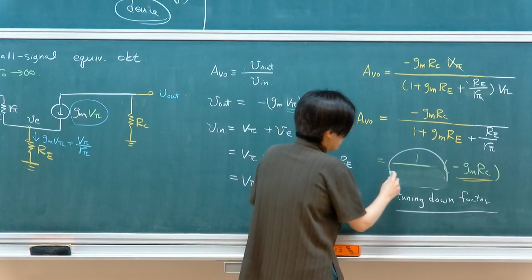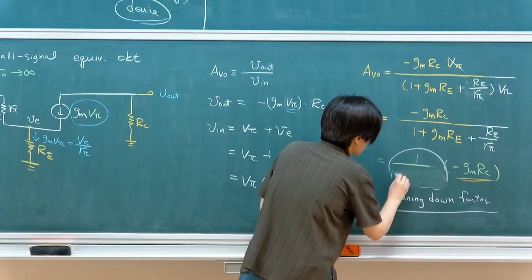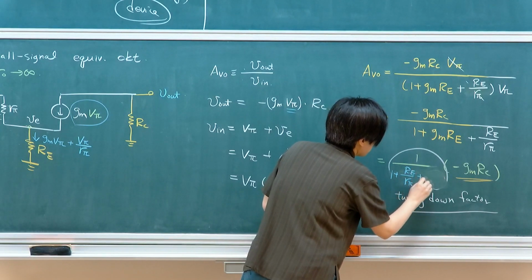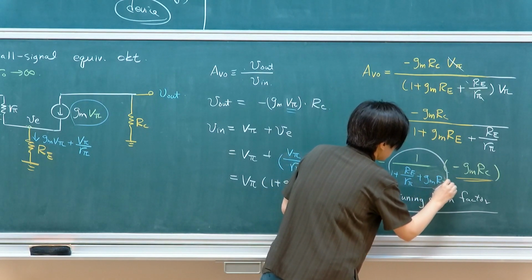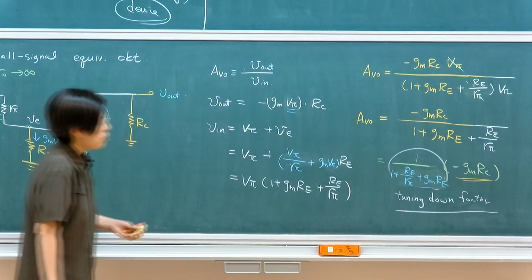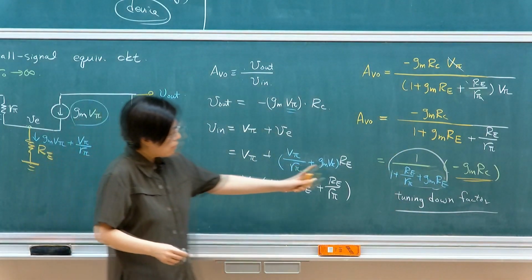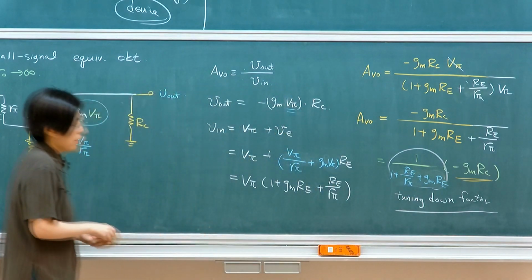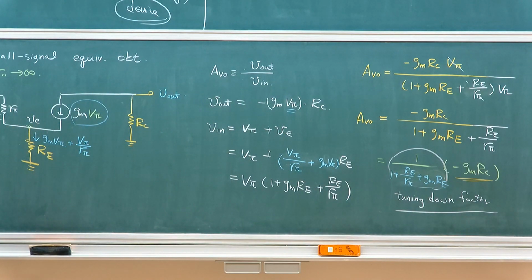So you then have an attenuation factor of mostly R pi RE plus gm. But in most cases, this is typically much smaller. Therefore, you see gm RE.